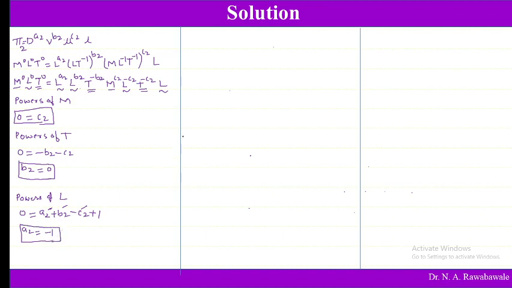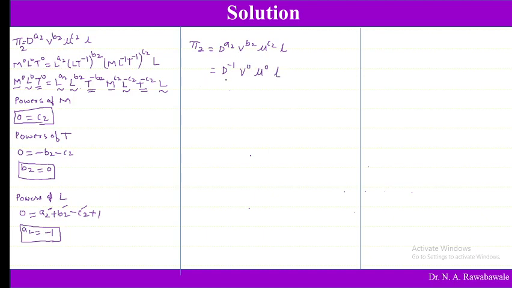So now this pi2 term is defined as d to the power of a2, v to the power of b2, mu to the power of c2, l. So d to the power of a2 means minus 1, v to the power of b2 is 0, mu to the power of c2 is 0, and l.